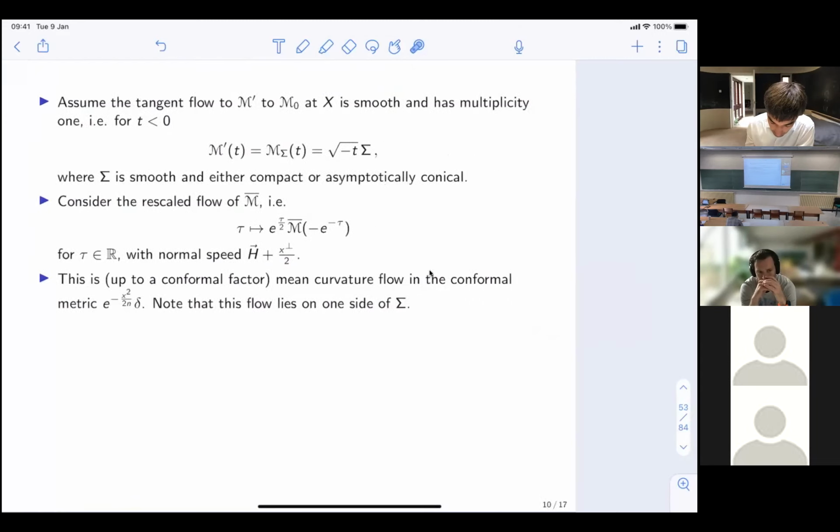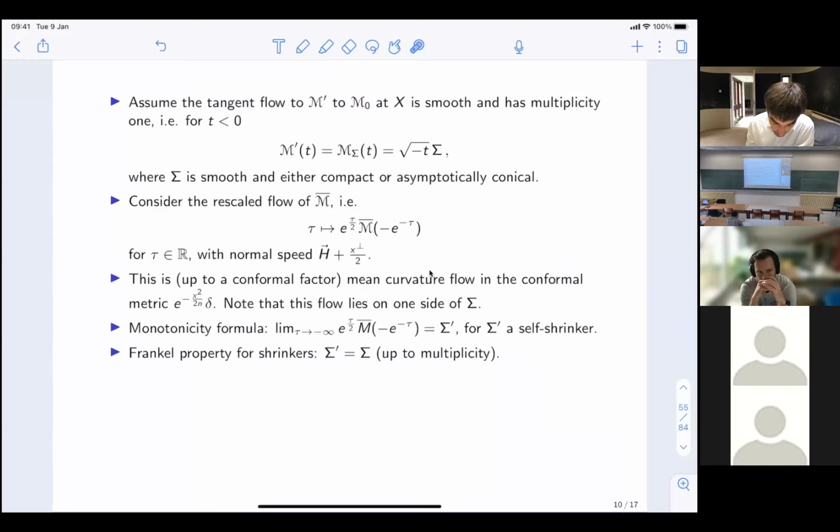And now the important thing is, as I said before, there's a Frankel property for shrinkers. Any two minimal hypersurfaces in this Gaussian space either are equal or they have to intersect. But this guy can't intersect the other one because it lies on one side. By the strong maximum principle, it has to be the same guy.